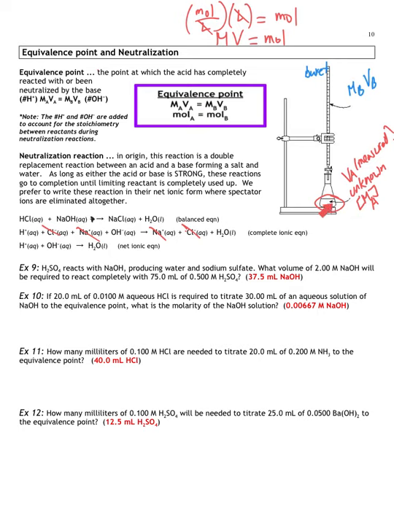And it's a color change. That's how we know that we've reached the equivalence point, because the end point is when the color change occurs. Okay? So this is what your titration setup looks like. It's a very general description, and it's simple for you to get all your parts, MB, VB, and MA, in order to solve for the unknown concentration of MA.